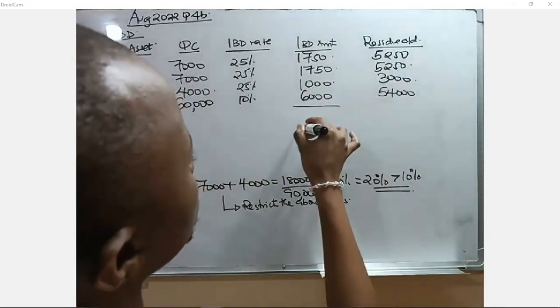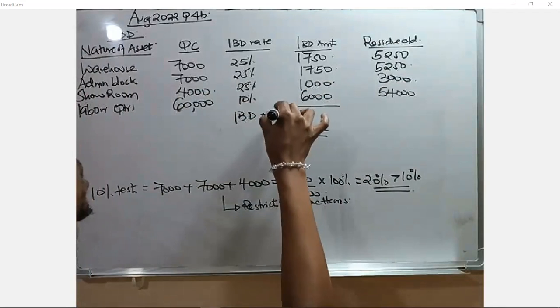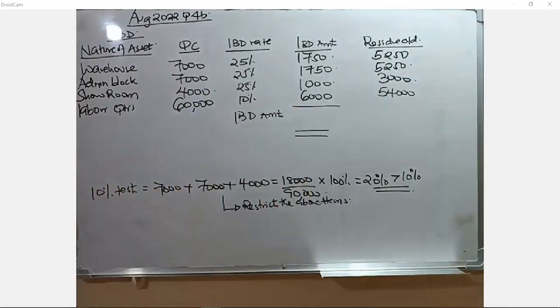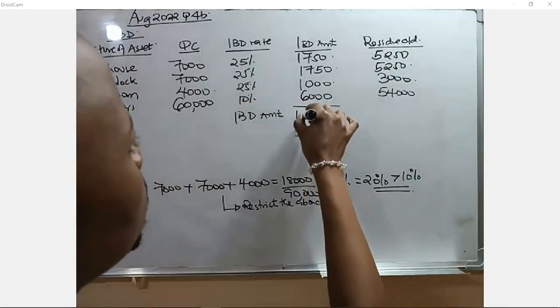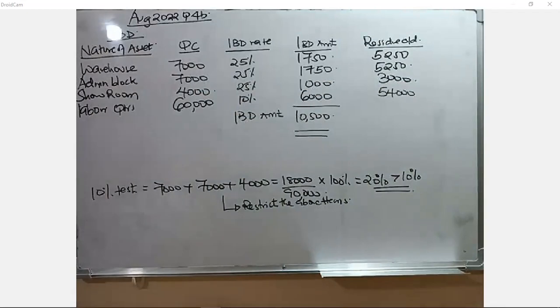That is the IBD amount. How much is this? 10,500. Are we together?